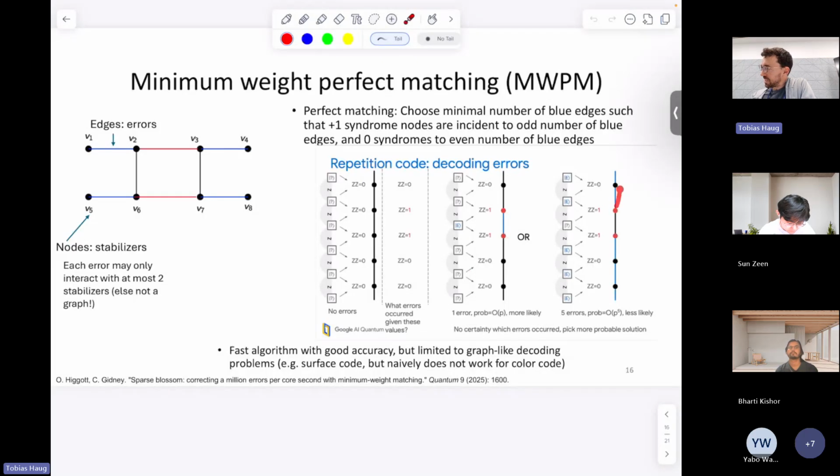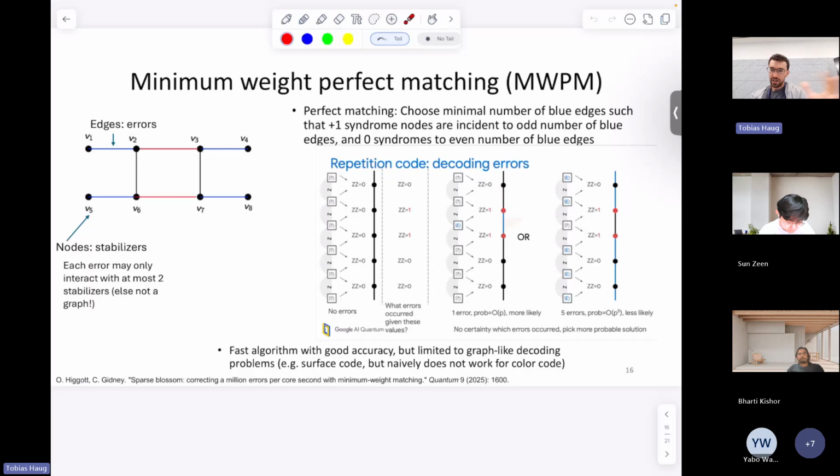We color everything else blue, and this would also satisfy the problem, except for this edge here, this edge here. So there are 2 possible descriptions, and the one with the minimum weight, with the minimum number of blue edges, is this one here. So what does it mean if we found this solution? This would mean that given this particular syndrome configuration, this error has occurred. And this is actually also the correct solution with the maximum likelihood.